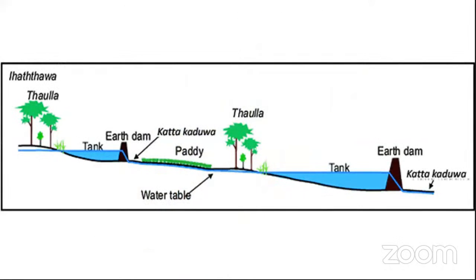These are the tanks they constructed, according to the slope of the land. They used the water from this tank by damming this place, then used the water in the paddy fields. That same water they used once again in the next tank. So it's conservation of water, and some of the cross section in Elanga.